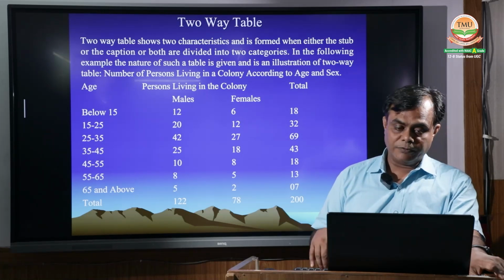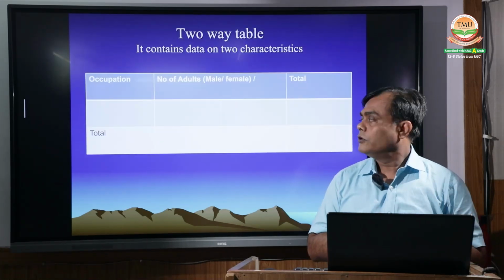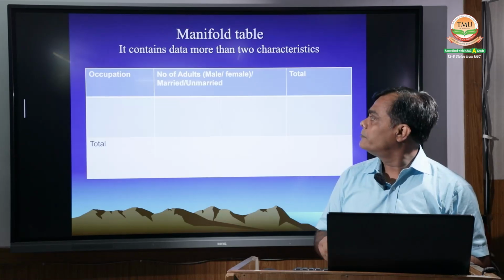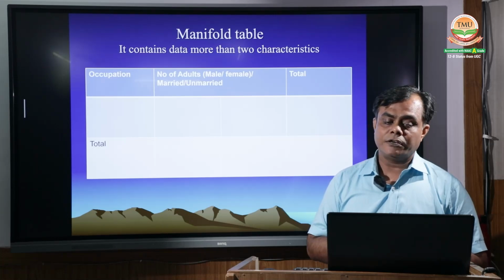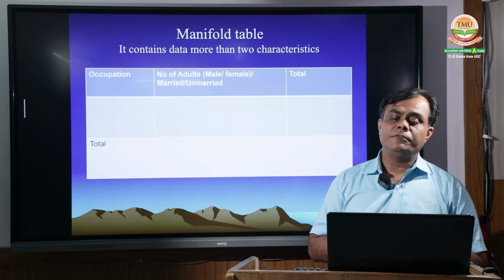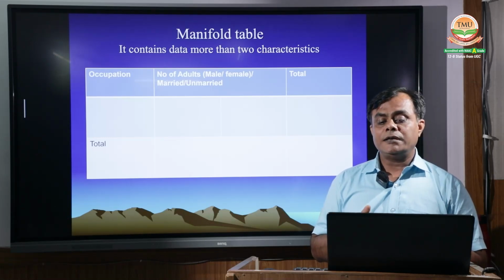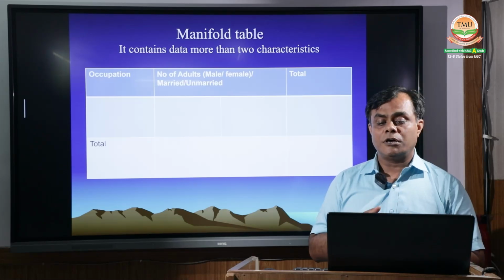And the manifold tables. In manifold tables we are giving examples of various categories. So first we are taking one category, occupation, second the number of adults. The number of adults is divided on the basis of their gender, and again that gender is divided on the basis of married or unmarried.